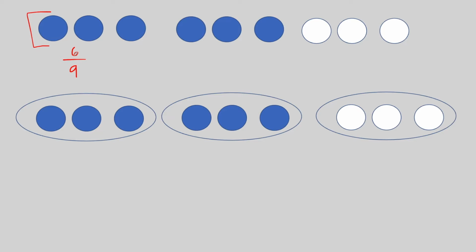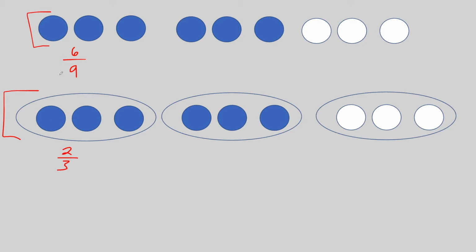Now, if I wanted to write this in a few different ways, I could also group them, right? And I can write it as a fraction again. So I have 2 groups of circles that are shaded out of 3.